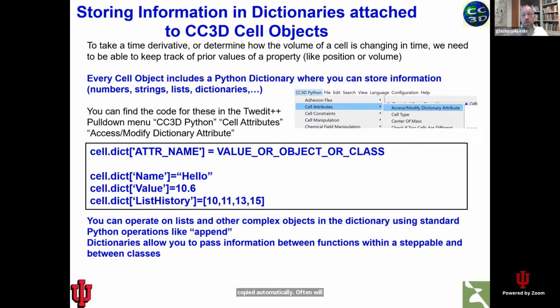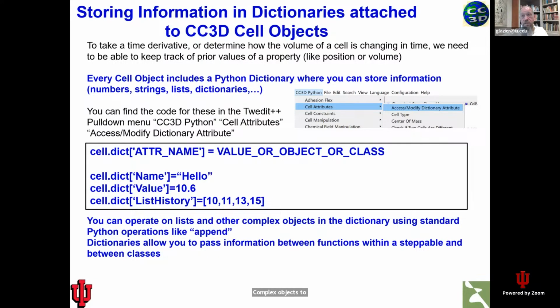Often we'll use a dictionary to add a value. Say cell.dict, square bracket, attribute name equals value. Cell.dict name equals hello. Cell.dict value is 10.6. But you can add complex objects to dictionaries.